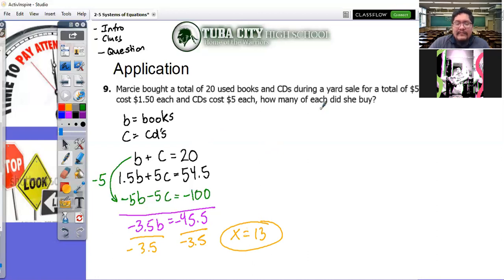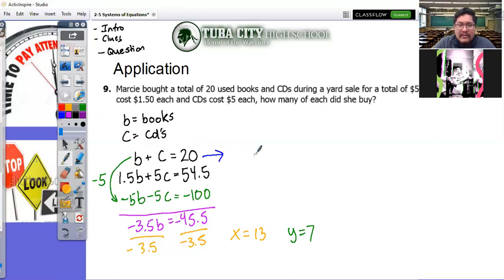So we got one of them. We know that there's 13 books. So if there's 13 books, how many CDs do you think were bought? And this one should be an easy one because we already know that it has to add up to 20. So that would mean the Y would have to be 7, because that's the only way you can add it up to 20. Even if I plug it in, that would be super easy.